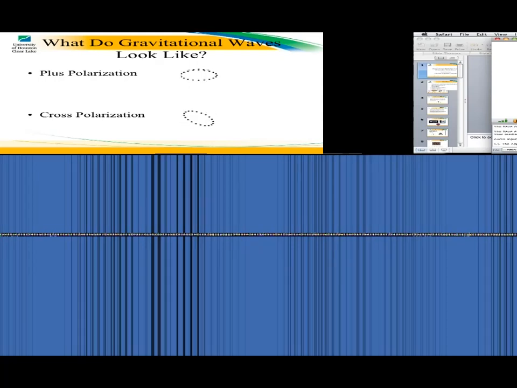You can combine the two to get a rotating polarization, where you have an oval that just rotates. But this is just the basic idea. It's just causing these things to move, without causing them to be scattered.